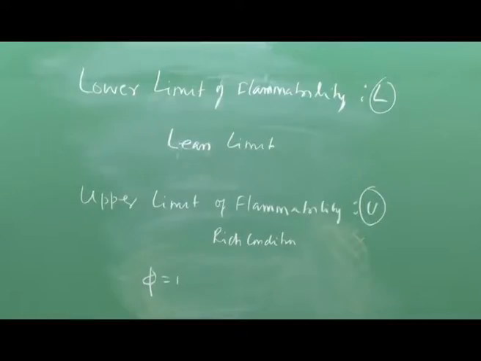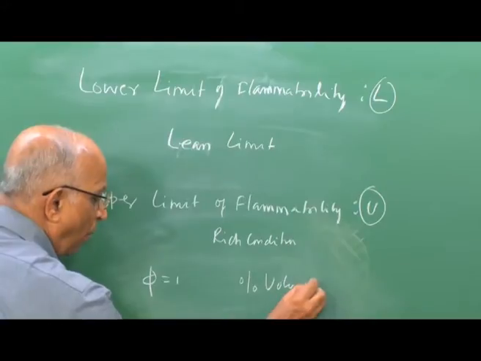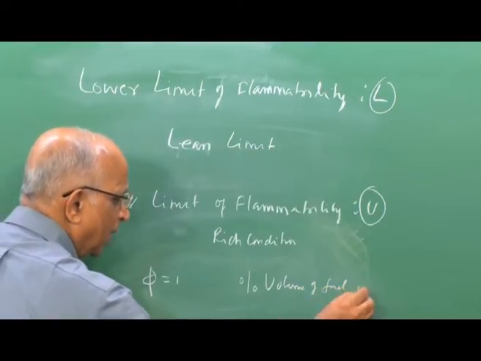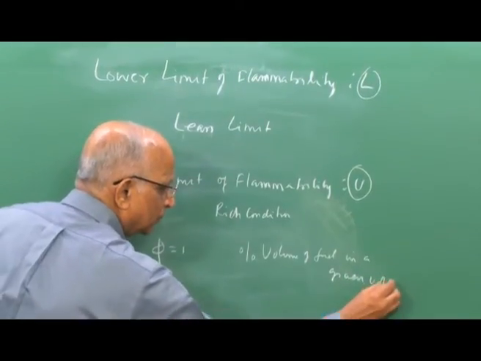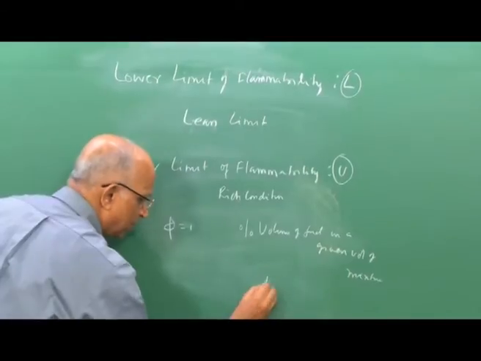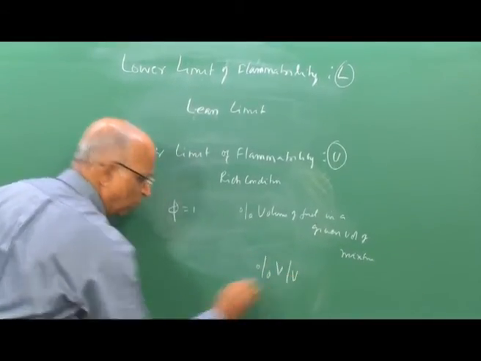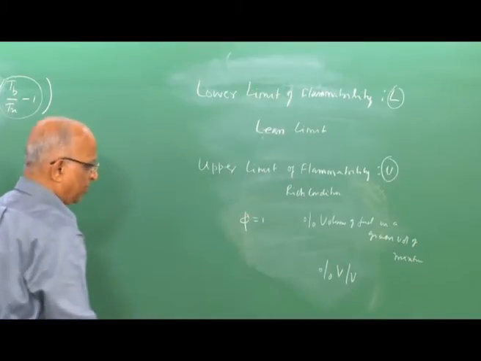But what we do in practice is specify them in terms of percentage volume of fuel in a given volume of the mixture. Namely, percentage volume by volume is how the limits of flammability are expressed.